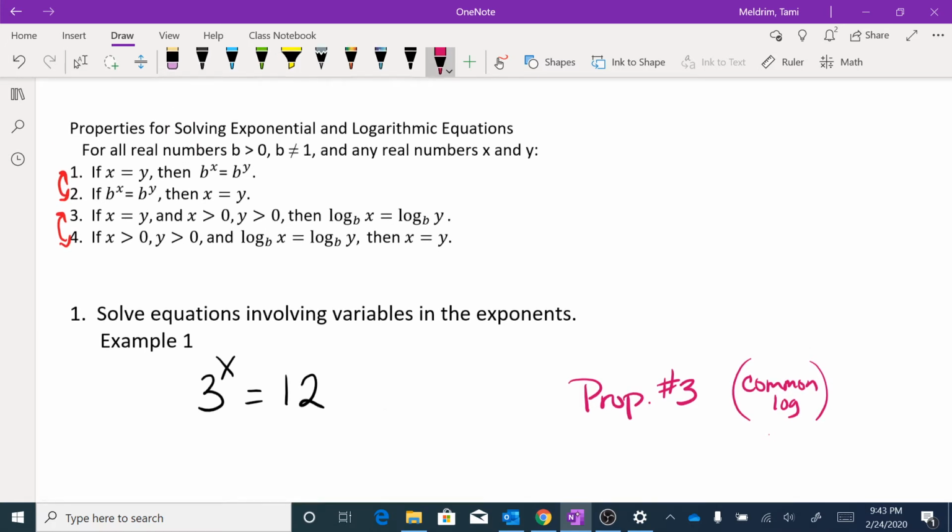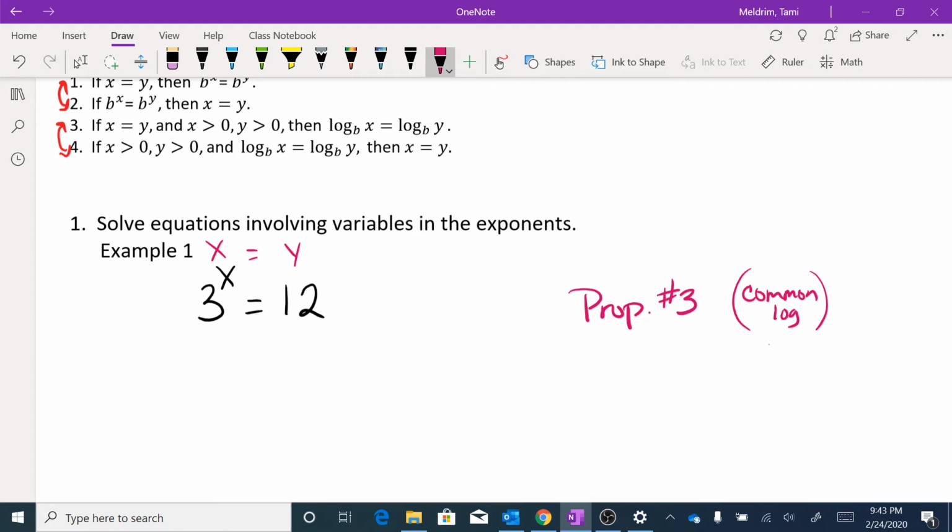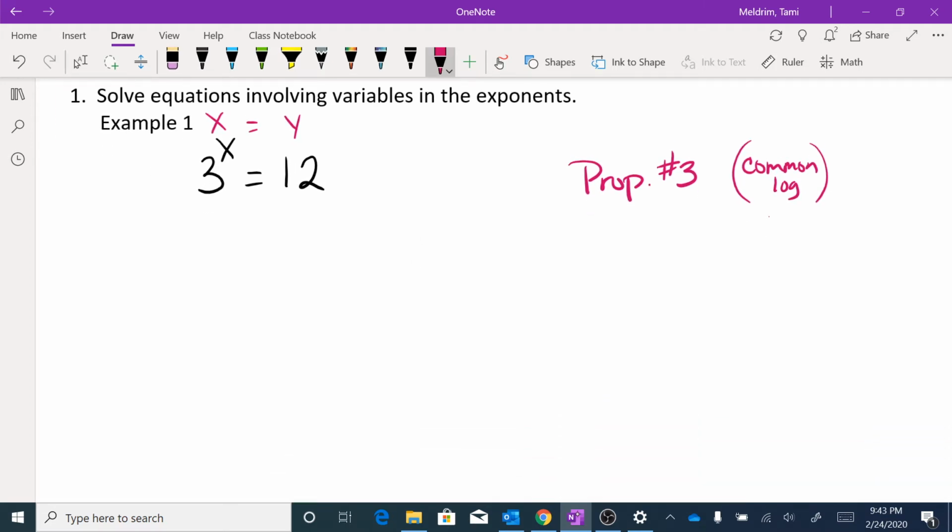Number 3 says if x equals y. Well, here's my x, and that's going to equal my y. Then I could say the log of x equals the log of y. So I can take the log of both sides. And it will work. So, if I cannot get the same base, I go ahead and take the log of both sides.